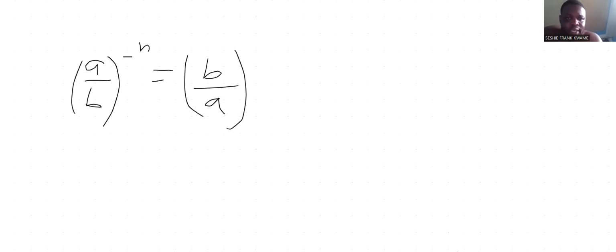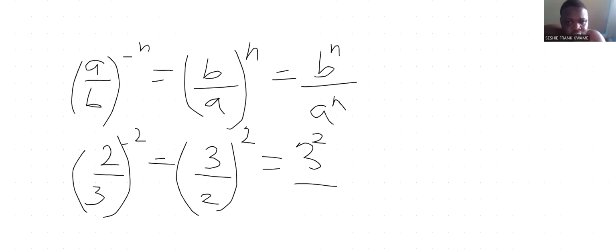So I turn the quotient upside down, then the negative leaves. It's very important. So if I have 2 out of 3 to the power negative 2, and I've been asked to solve this, I can solve this by doing it this way: 3 over 2 to the power 2, and that's 3 squared out of 2 squared, and that's 9 out of 4.